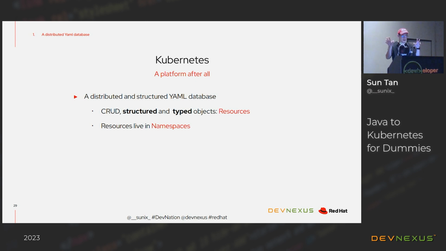And you would put all these objects, all these resources, into what we call a namespace. A namespace is like a bucket where you can group your objects, and you can make some permission rules.